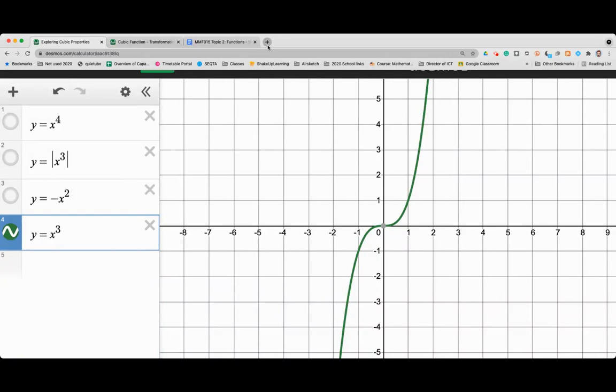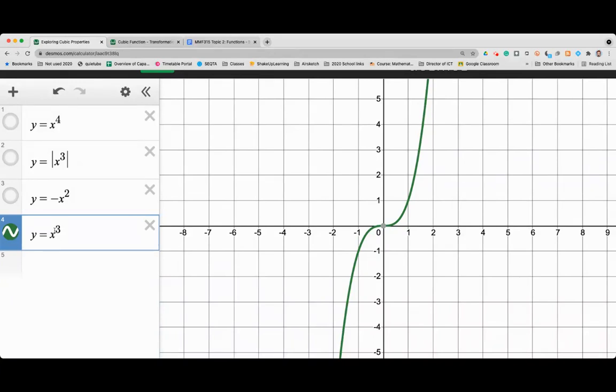Okay, so just to remind you, the transformations are dilations, stretch this way or stretch that way, reflections, flip this way or flip this way, and translations, this way or this way. Okay, so three kinds of transformations. And in today's lesson, we're going to focus on transformations of the basic cubic graph.